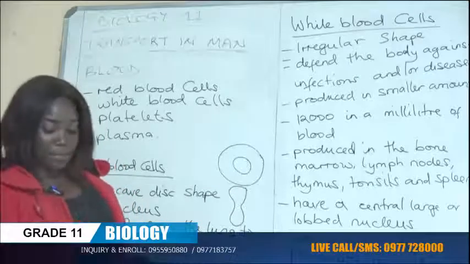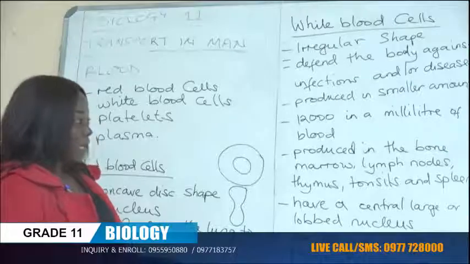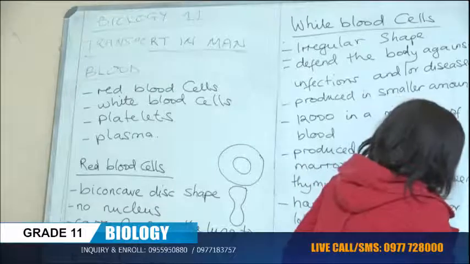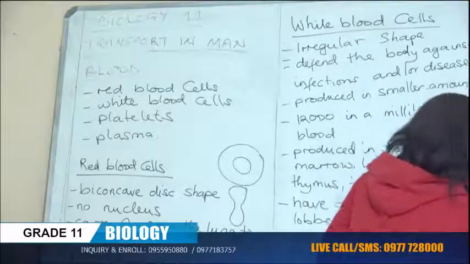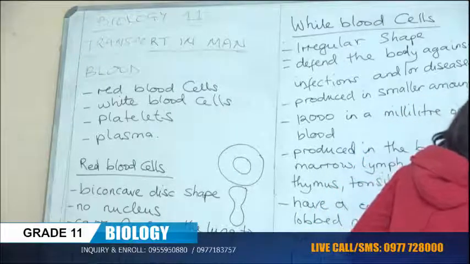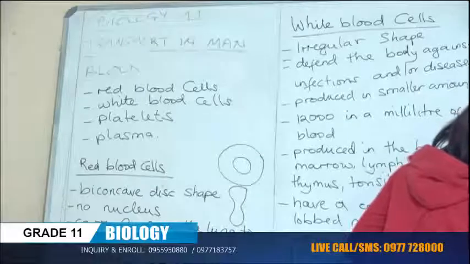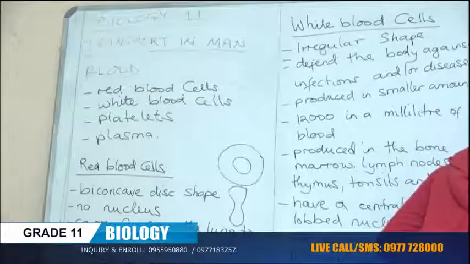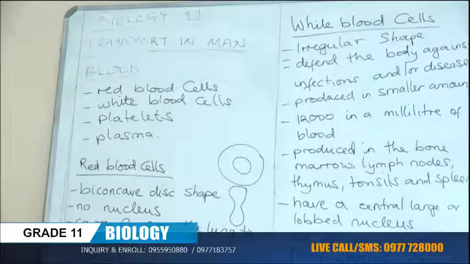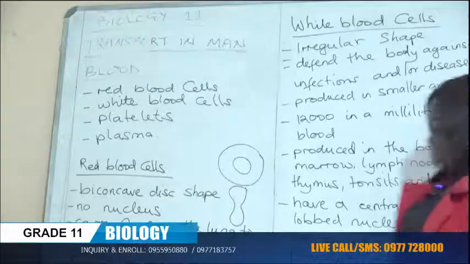So after we looked at the types of white blood cells, by the way, these move in the blood, while these remain in the lymph system, which we will look at when we start looking at the lymphatic system.